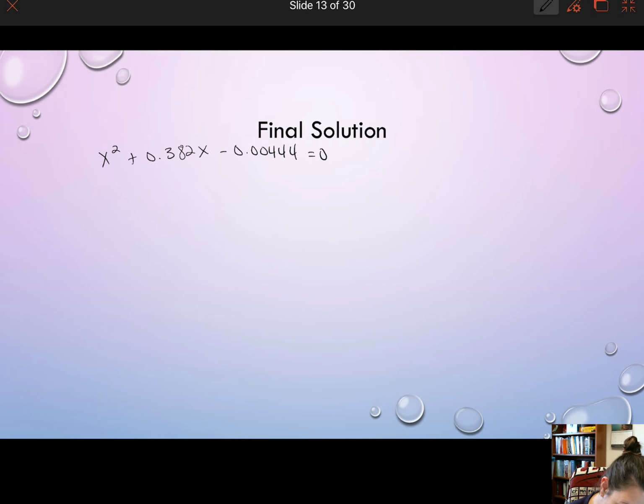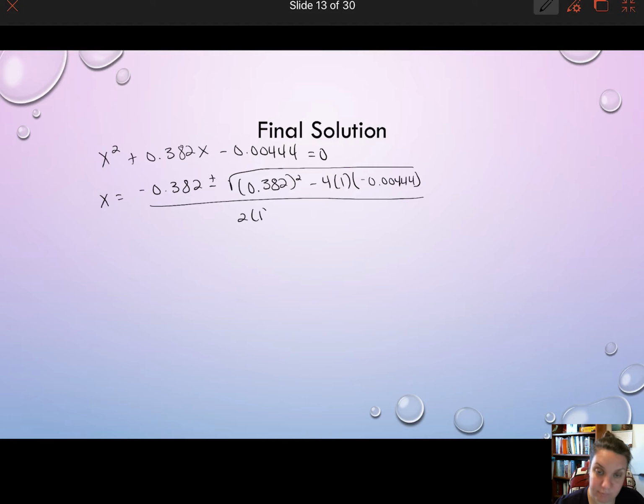We can then put this into our quadratic. x is equal to negative b plus or minus the square root of b squared minus 4 times a times c, divided by 2a.